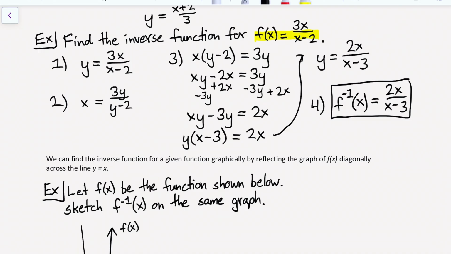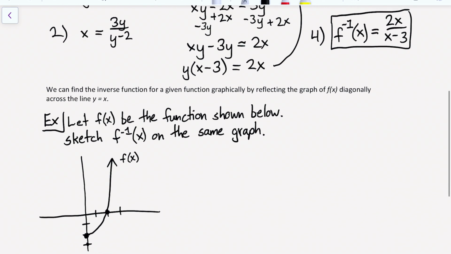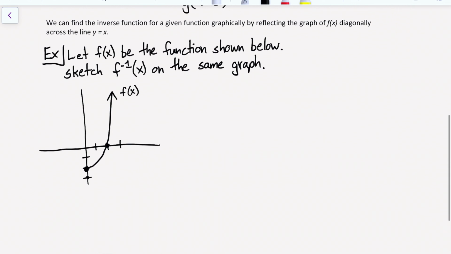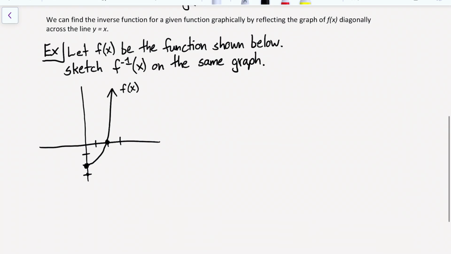We can also roughly describe inverse functions graphically if we have a picture or a graph that we are looking at. We can find the inverse function for a given graph by reflecting that graph diagonally across the line y equals x. This is the same thing as switching the x and y values for specific points of that line.